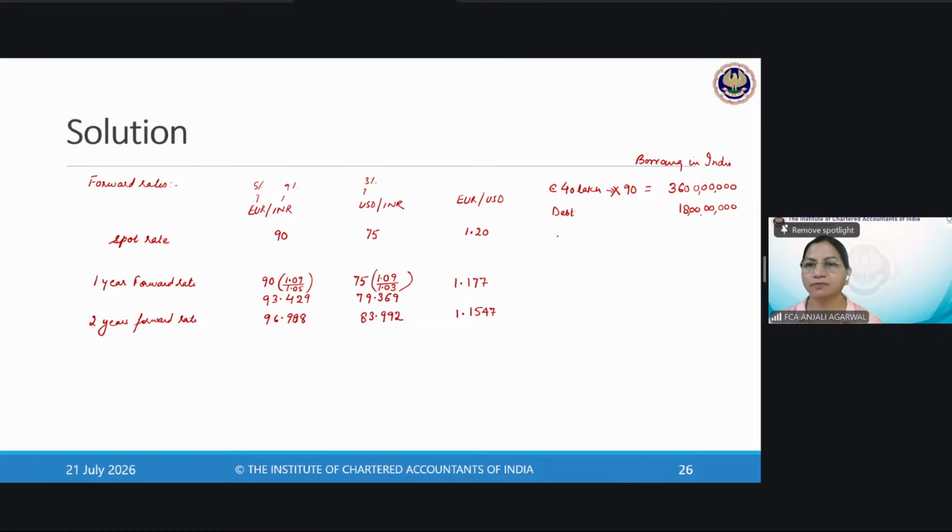And interest would be 9% for the first year. So 162 lakhs would be the interest for the first year, and interest for the second year again at 9%.